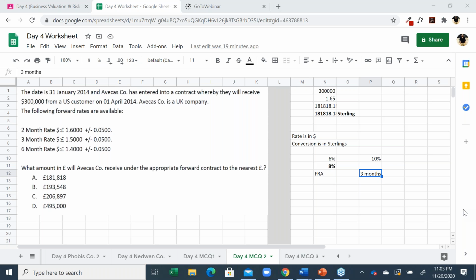Remember that the company is going to take a loan from the bank to finance this project, and the bank loan's interest rate is 8%.